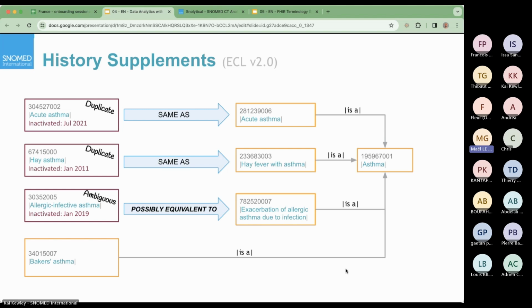They can always be used like for like. There are some other historical associations that are looser. I think you should consider these historical associations just as a map, right? So you map the inactive concept to an active replacement.